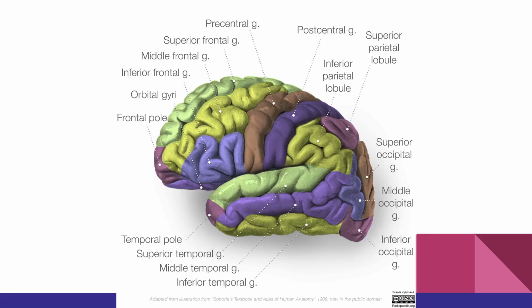And this graphic highlights how some of those terms are used to describe different gyri and sulci within the brain. So you can see there's an inferior frontal gyrus, a middle frontal gyrus, and a superior frontal gyrus, or a superior occipital gyrus, a middle occipital gyrus, and an inferior occipital gyrus.